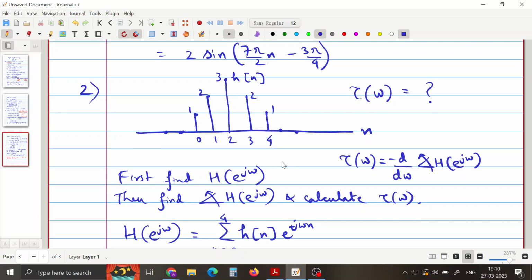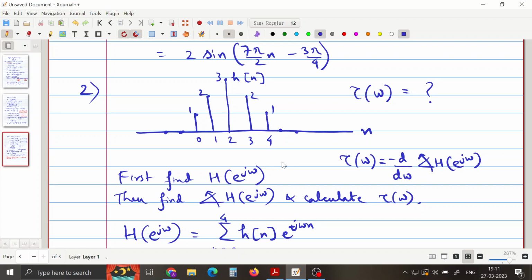What kind of function is this? Even function, sir. Very good. So this is an even symmetric function, but the only catch is that it is lying between 0 to 4. In even functions, it has to be even about the vertical axis, the origin. But this is even symmetric about n equals 2.